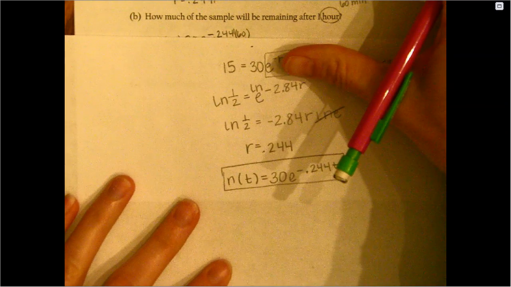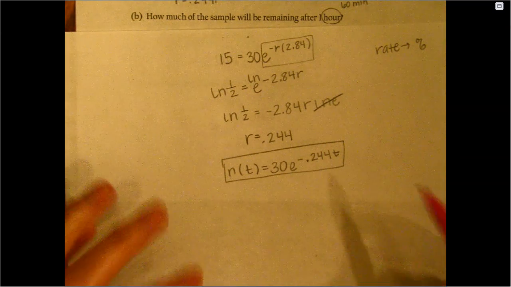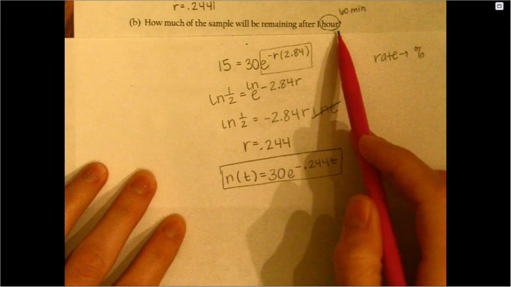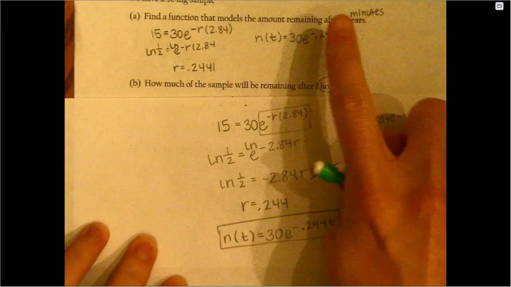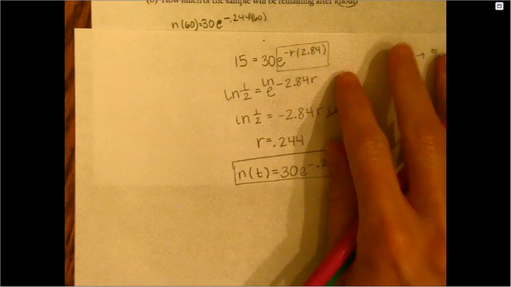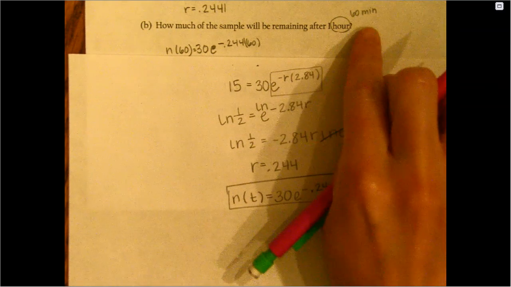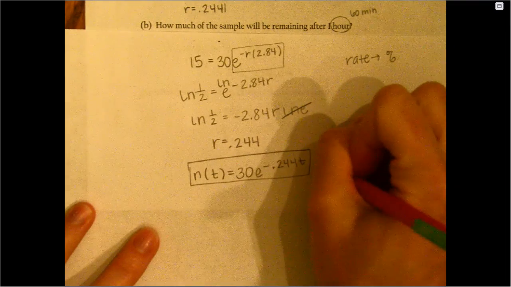So this next one, it says how much of the sample would remain after 1 hour. So this one you just have to be careful because our equation is in terms of minutes. That's what the original time was given in. So we just have to say that 1 hour is 60 minutes, and I'm going to find N of 60.